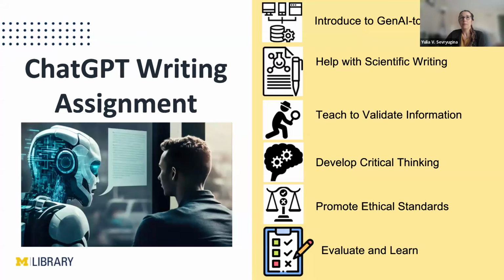To use them to validate information, to think critically when they receive this output from a different tool, and really think about transparency, about copyright, plagiarism, about environmental impacts, like really promote ethical standards when you work with these tools.